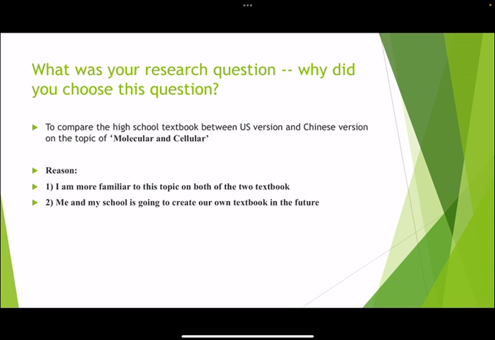The original topic question was to compare the Chinese version and English and UK version for chemistry. But later on, my current school is now going to create our own textbook for the next semester.